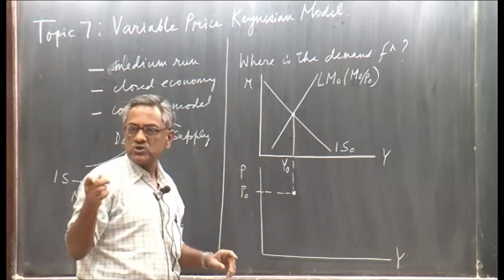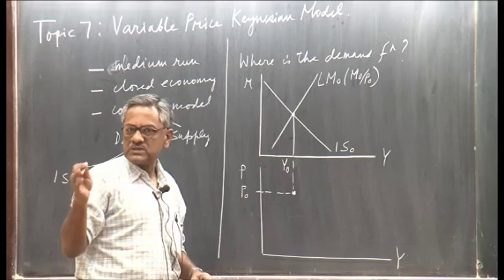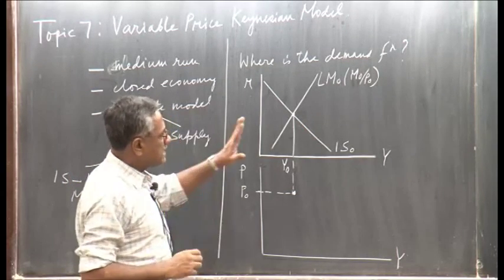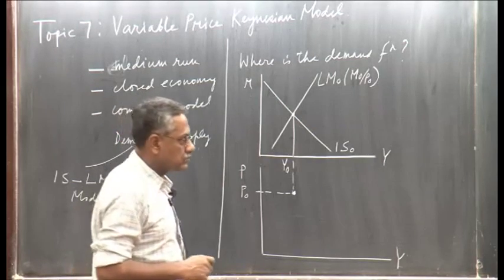Look at the LM equation, M over P. M is given, M naught, P is P naught. Now, if prices fall, what will happen in that equation?